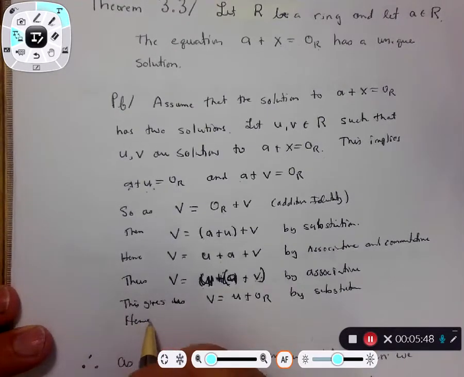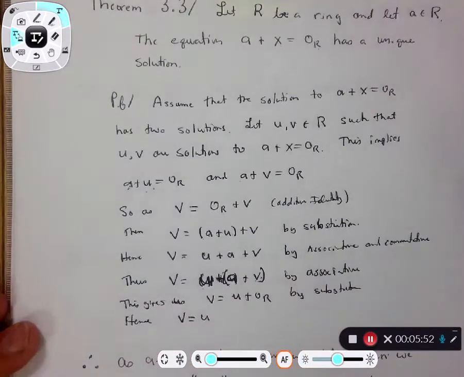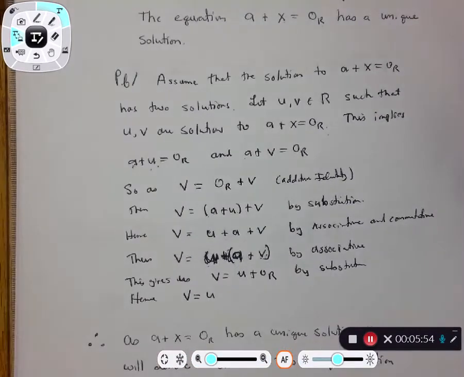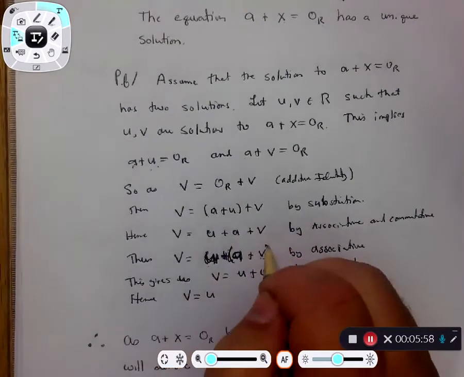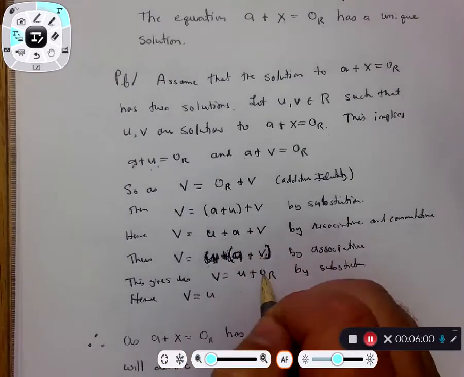Hence, V is equal to U. And when you add 0, you pretty much get the element back again. So, put the parentheses in the right spot over here. The A plus V, that replaces with 0.